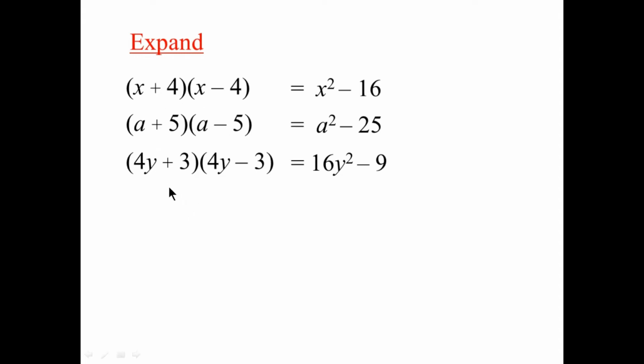Once one has learned how to multiply conjugates together, the process of factoring these differences of squares becomes a matter of going backwards across those equal signs. We note that the right-hand side in each case is a subtraction or a difference of squares.